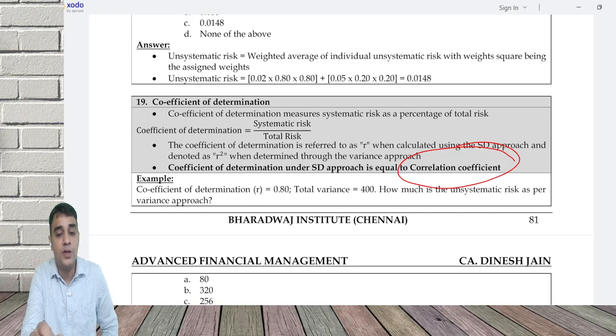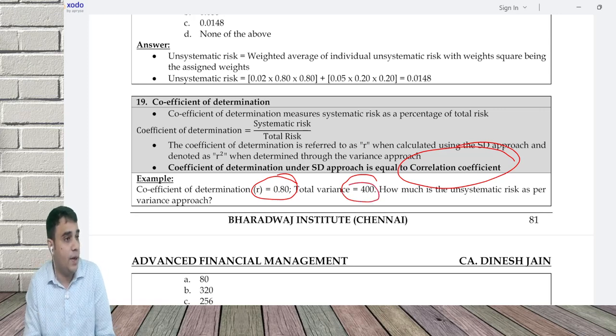Example: the coefficient of determination is 0.8. Total variance is 400. What is the unsystematic risk as per the variance approach? I cannot use 0.8. Let me first square it, which is R square. 400 into R square is the systematic risk as per the variance approach.